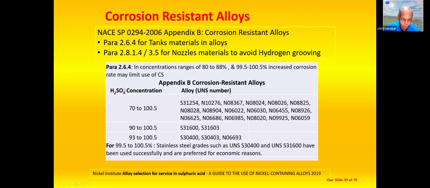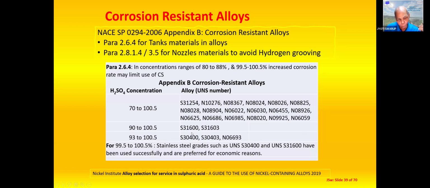Now, the code gives all this depending on the concentration of the H2SO4. Different nickel-based materials are mentioned. For 90 to 100.5%, SS316 is also good. 93 to 100.5%, 304 also may be good. So these are different. As you know, 316 is more expensive and nickel-based alloy is still more expensive.